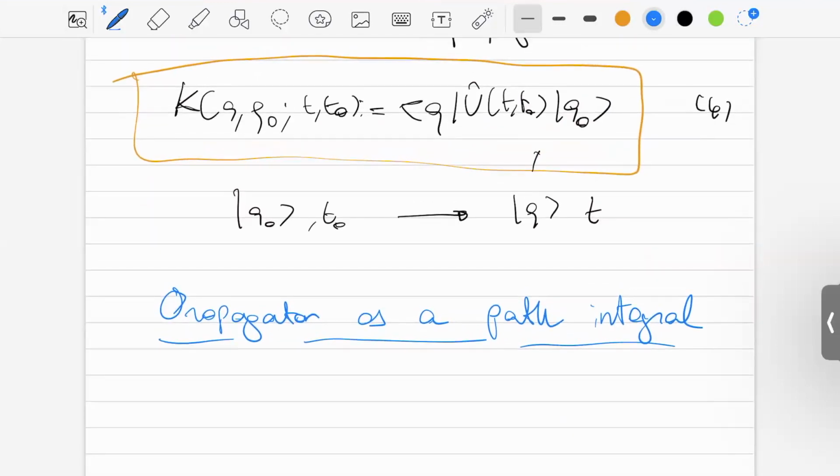A path integral is just an integral over some trajectories, which we are going to see better. The propagator itself can be expressed as an integral over all trajectories connecting the initial and the final states. So let's compute it.